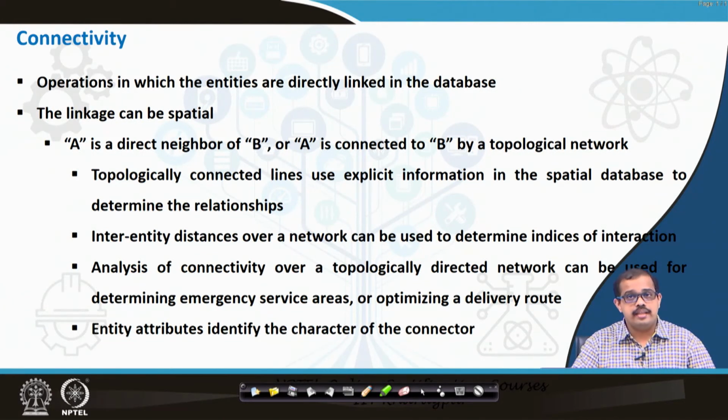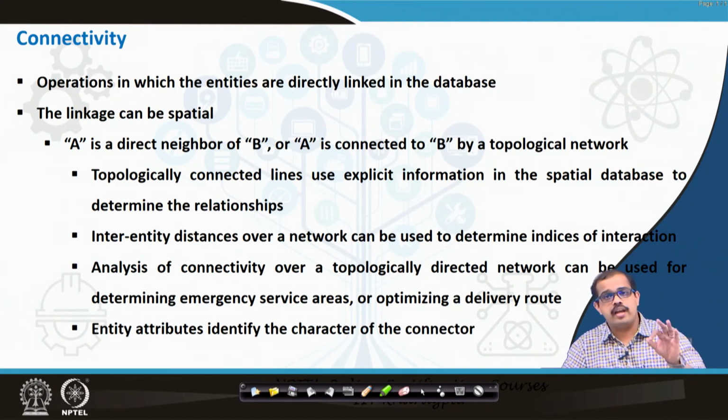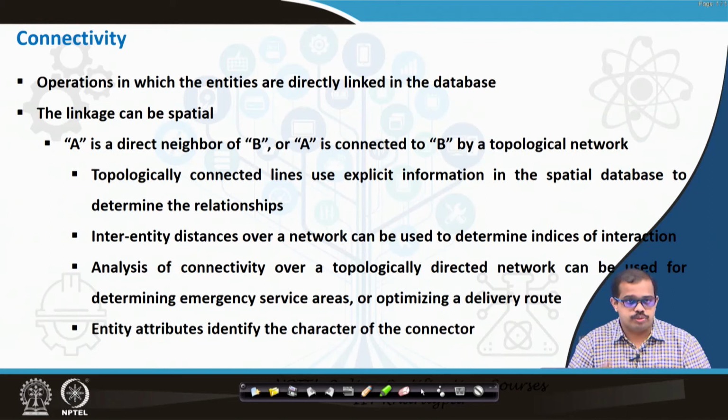Spatial databases are always related with relationships. Inter-entity distances over a network can be used to determine indices of interaction. Analysis of connectivity over a topologically directed network can be used for determining emergency services or optimizing a delivery route. It can be used for any kind of analysis. I am just giving some examples of where a particular analysis can be used.